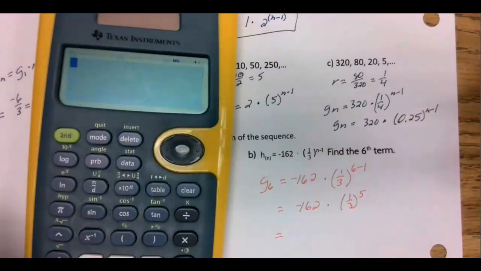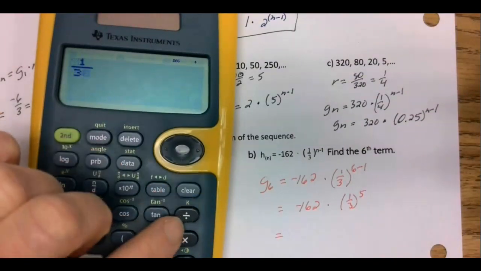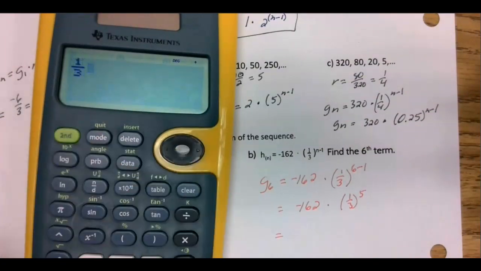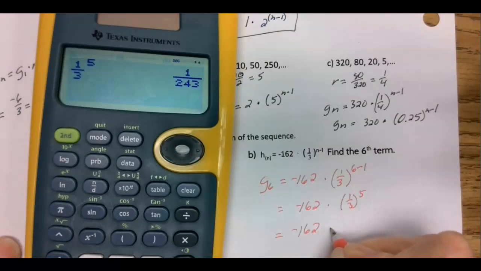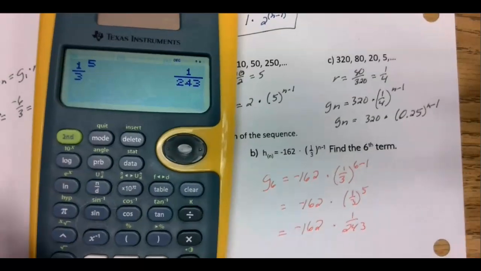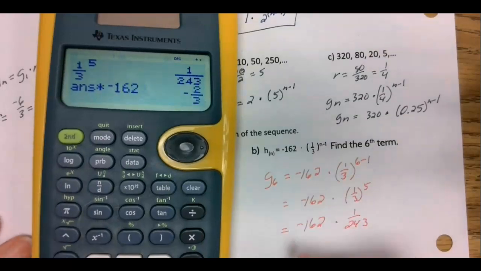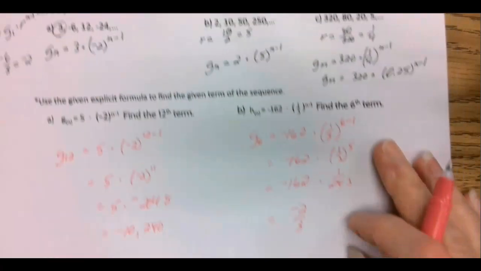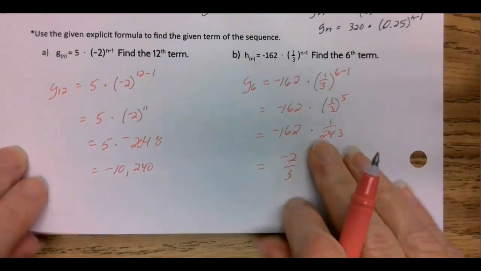We have 1/3, all of it to the 5th power. Okay, so that's 243. We're going to multiply that times negative 162, and we get negative 2/3. So that's what we're doing there.